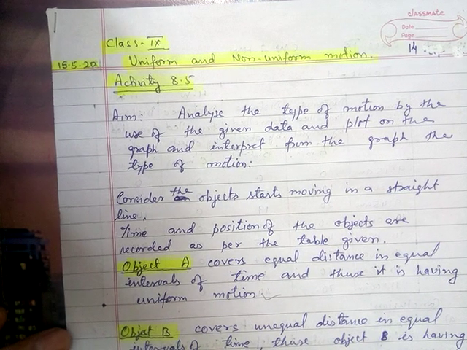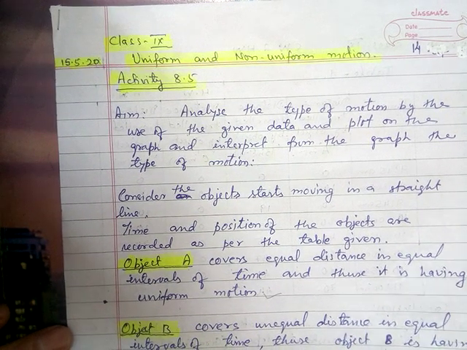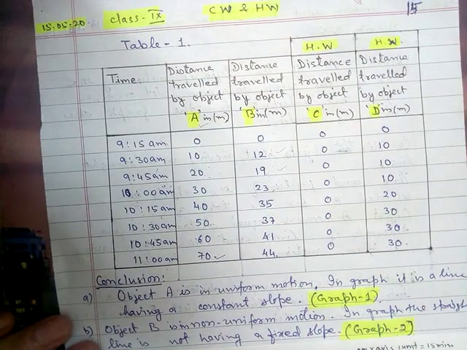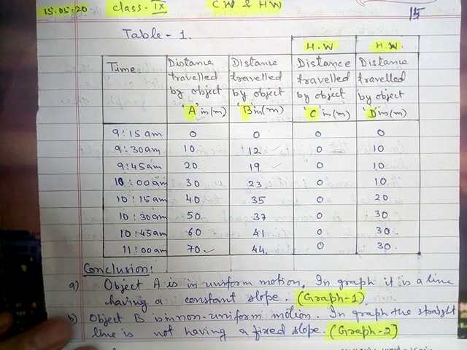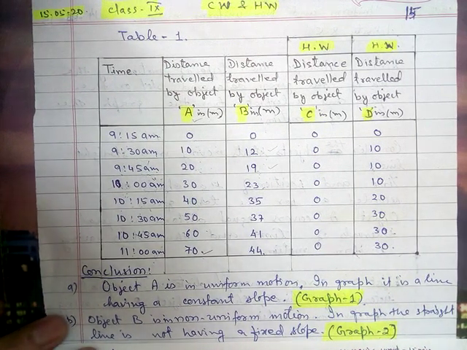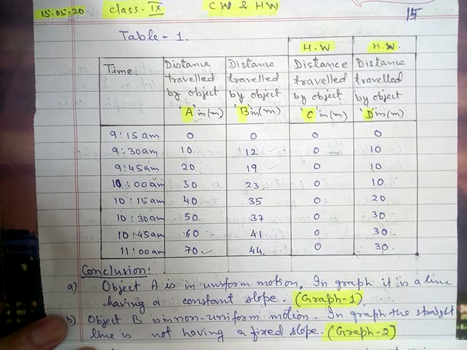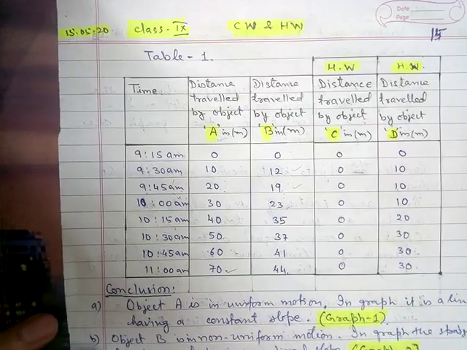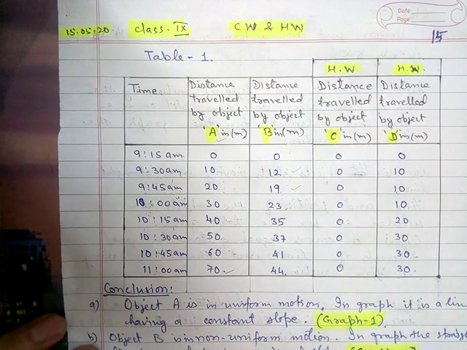Suppose we take an object A that is moving with motion along a straight line, and we try to find out the distance traveled after every interval of time. We note down the time and the distance moved.